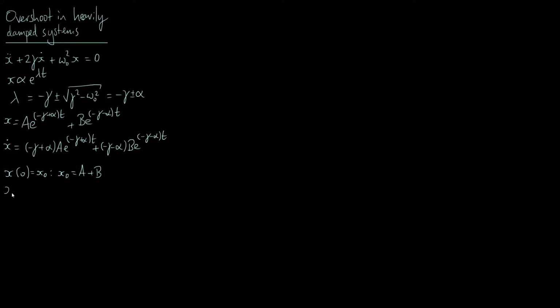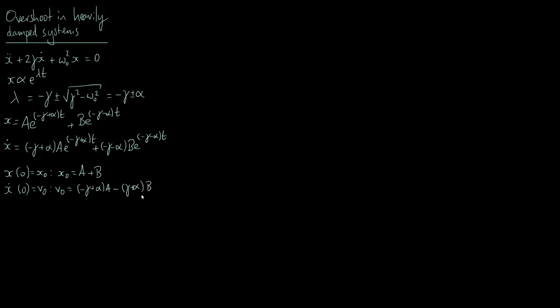If we have x dot at time 0 equal to some constant v0, then using our expression for x dot above, we find that v0 is equal to minus gamma plus alpha times a. Then I'm going to factorize out a minus 1 and get minus gamma plus alpha b.